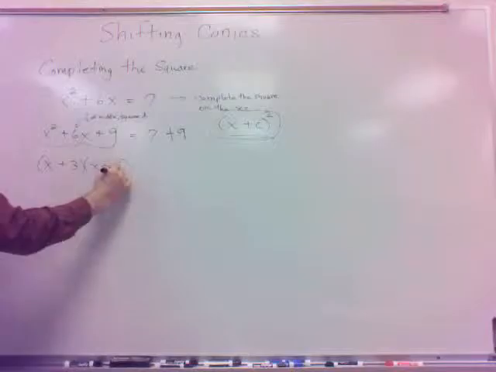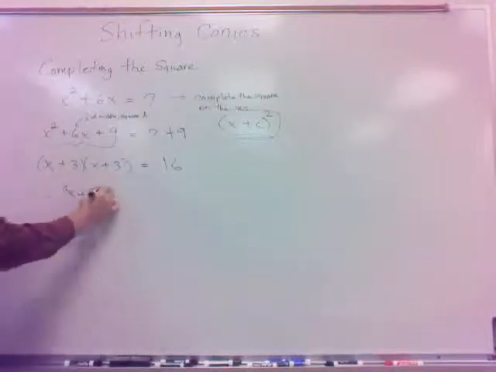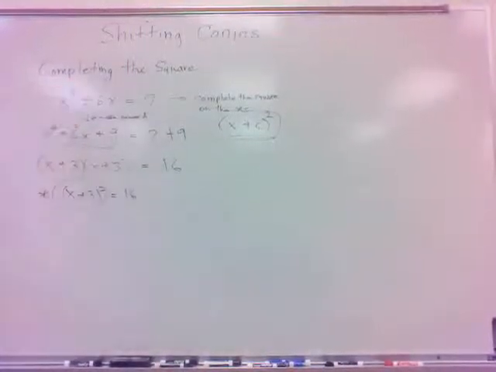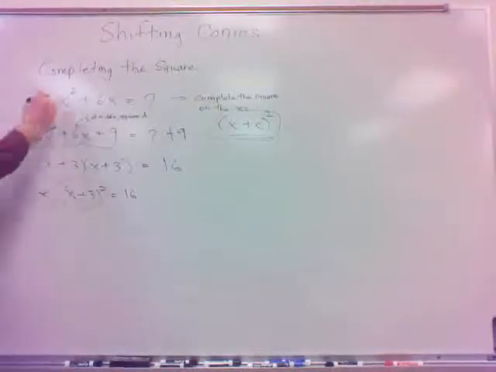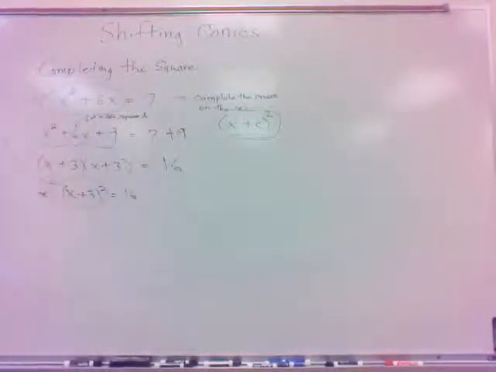Positive 3 plus 3. Of course, this side is 16. But notice, isn't that x plus 3 squared? That is x plus 3 squared. And like I said, there's different things we could do with that, but that's what I wanted here. That was the task, just complete the square on the left, which I've done. So I want to go from this side to where it's the binomial squared.